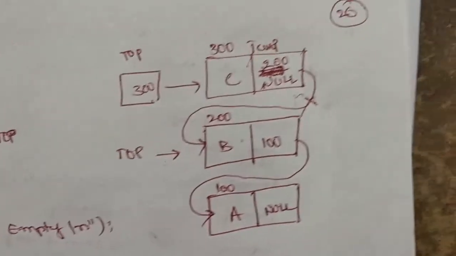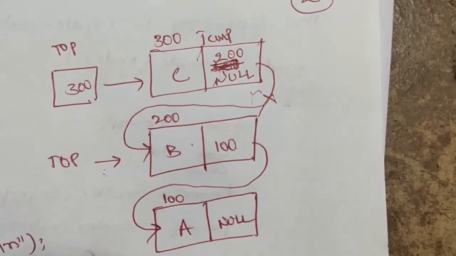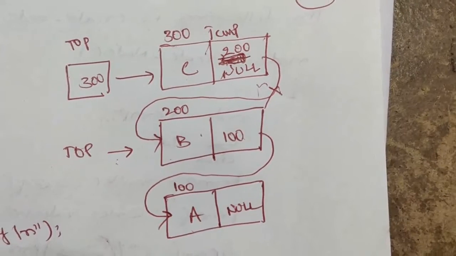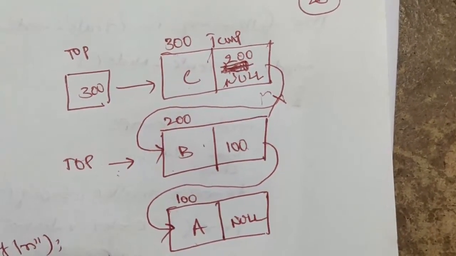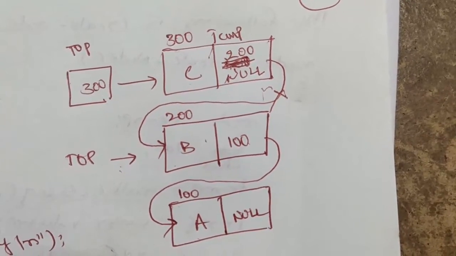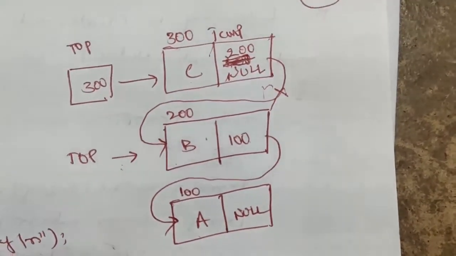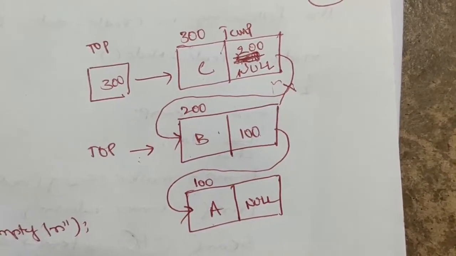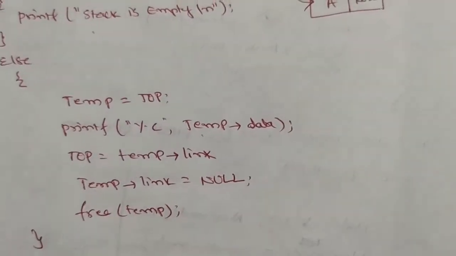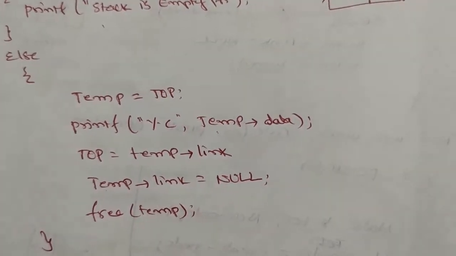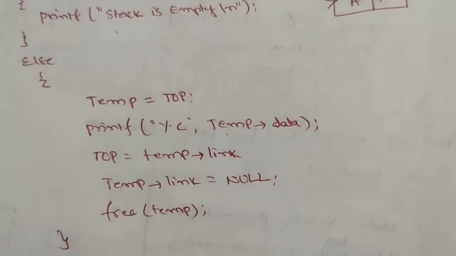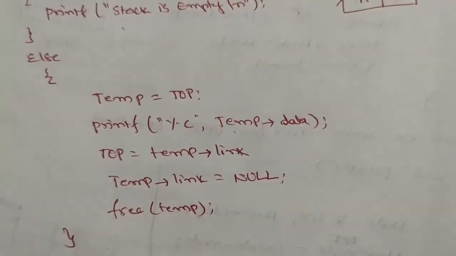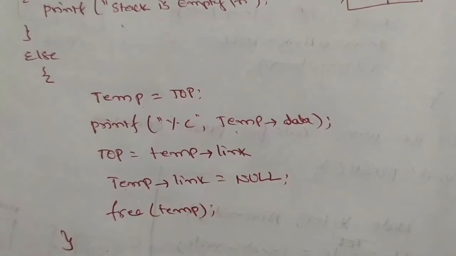But here we have already created a stack with three elements, A, B and C. C is the top element and the top is pointing to element C. So hence we enter into the else part. Now temp equal to top, the top value enters into the temp. The top is pointing to the topmost element C.